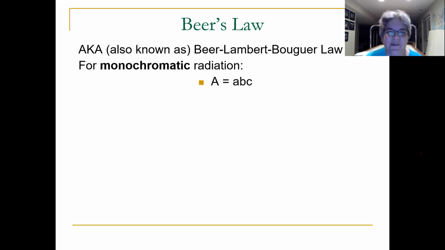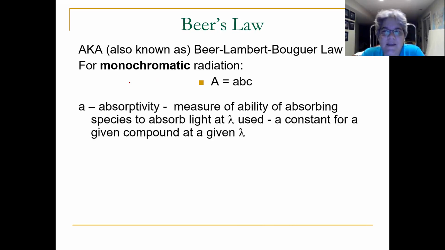Pretty difficult, huh? So what Beer's law says, for monochromatic radiation, that means one wavelength, is that the absorbance is equal to this thing called a. So a is absorptivity. This is the term that one of your classmates asked me about earlier.